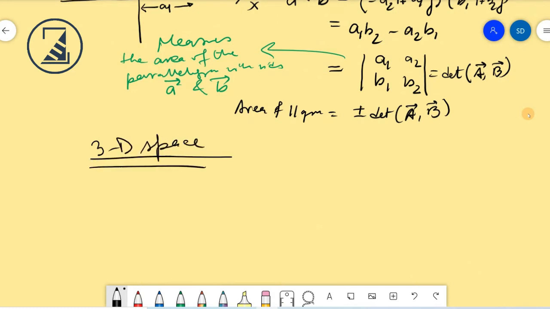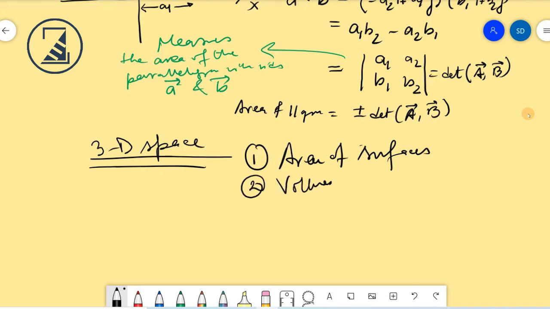Well, we talked about angles, we talked about length, and here we talked about area. Now in 3 dimensions, apart from angles and length, we can find out 2 things. We can find out area of surfaces and we can find out volumes of solids.